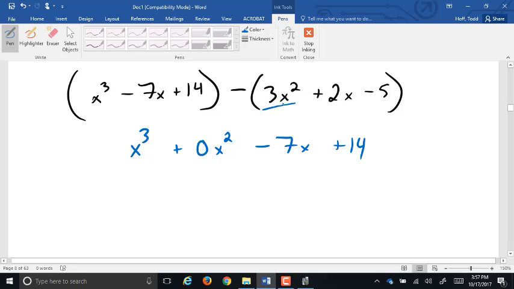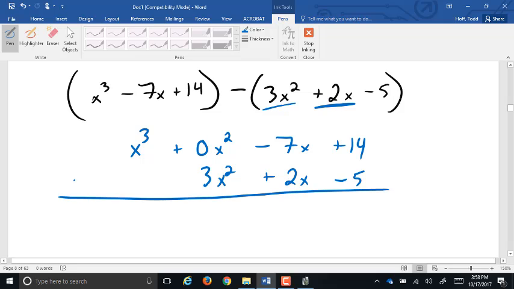Where does the 3x squared go then? Under the 0x squared. Very good. How about the 2x? Under the 7x. Yep. And the negative 5, of course, under the 14. And we are subtracting down the columns.